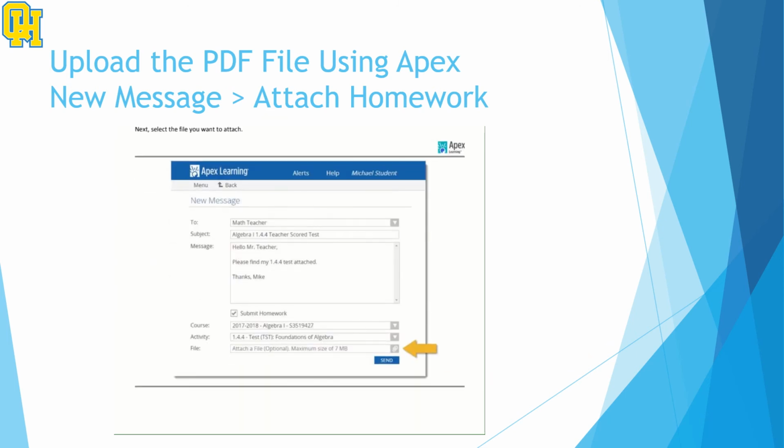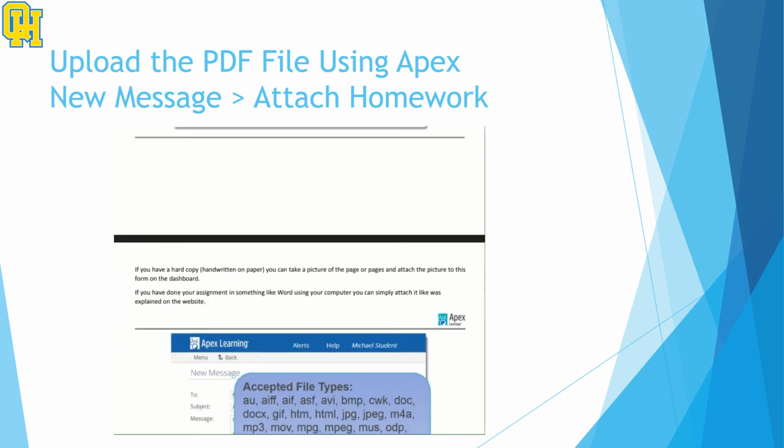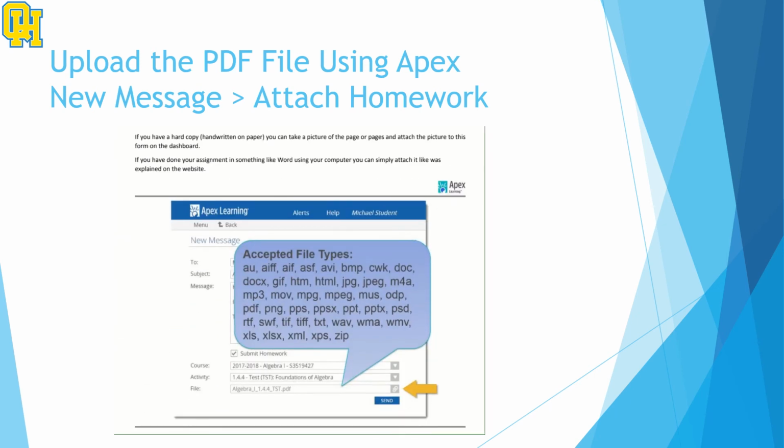Next, select the file you want to attach by clicking on the little paper clip. If you have a hard copy, handwritten on paper, you can take a picture of the page and attach the pictures to this from the dashboard.